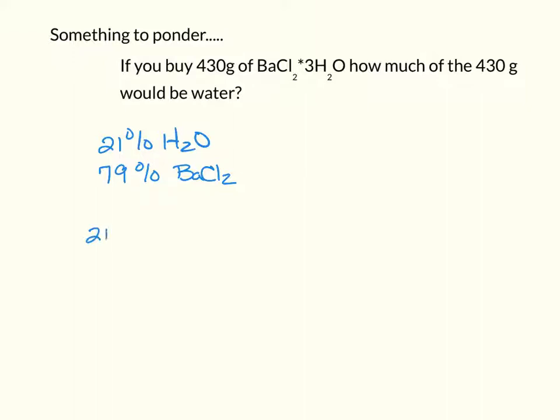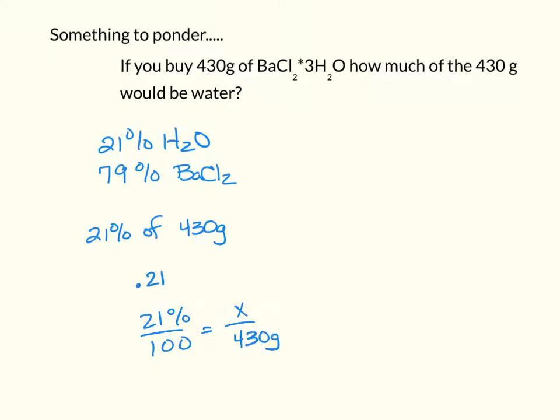If we take 21% of the 430 grams, we will know how much water we had in grams. 21% over 100, which is 0.21, times 430 grams is going to equal the amount of grams that you would have in water.